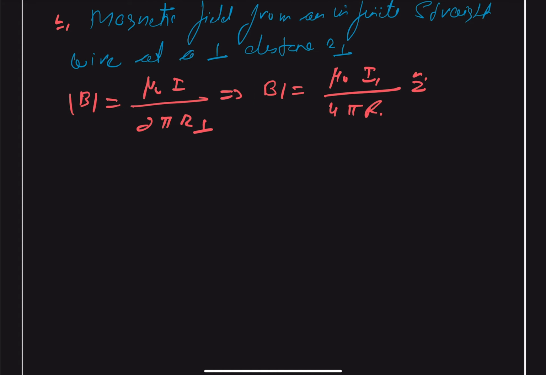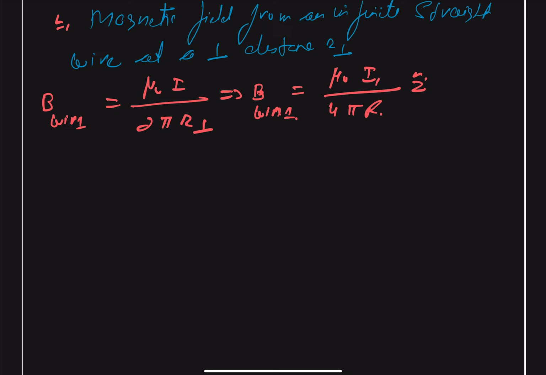Let me write it. This is our wire. So you can say B wire 1.